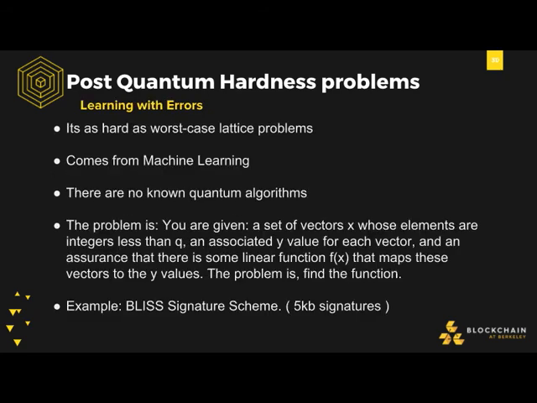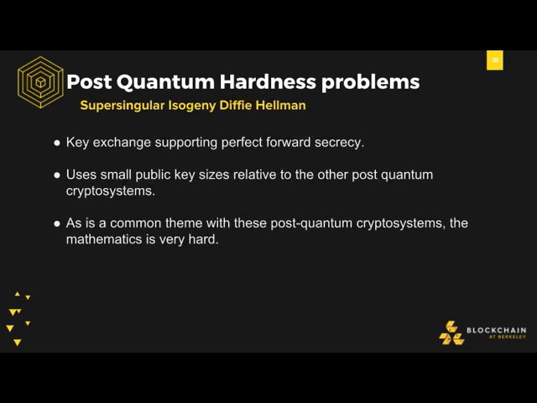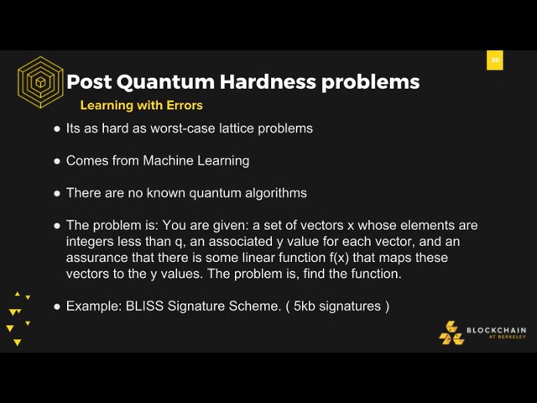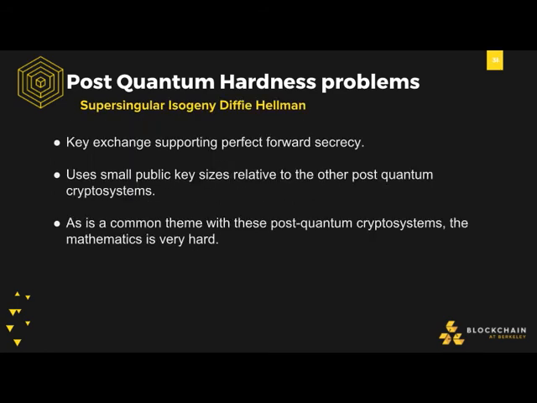And then the next system, these are all very math heavy. The math you need gets very complicated very fast. The next one is called supersingular isogeny Diffie-Hellman. The nice thing is the title itself is very complicated because it is complicated inside, but it can act a lot like Diffie-Hellman. So it supports perfect forward secrecy, meaning that if I go to a website and we get a shared key, we can encrypt our data.